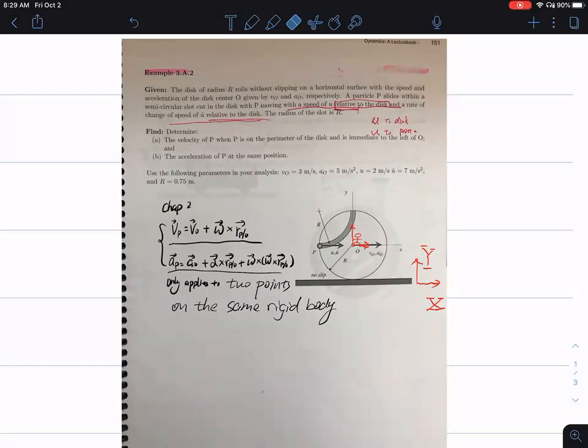If you only look at that disk, we know one point, that's point O. We can also pick another special point, which is the instant center point. Let's call this one C. You can do that. Or like Cameron said, we can use the instant center method from chapter 2.